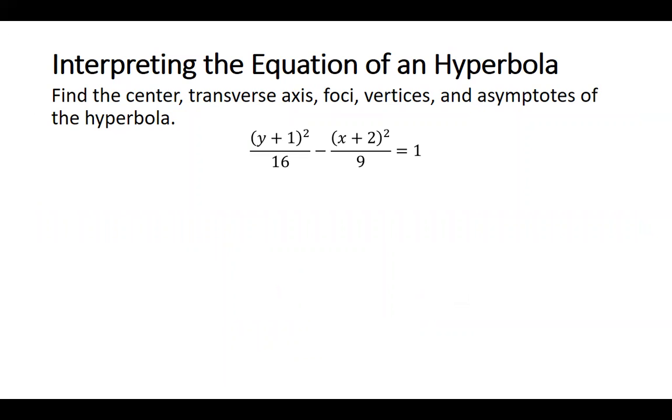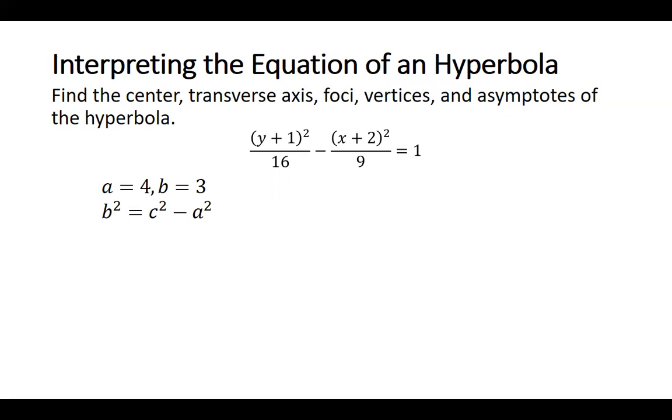Well, we know that a is going to be associated with the first ratio there, and whether it's x or y there, that's going to give us the transverse axis that we're parallel to, right? And we know that b is associated with the second ratio. So we have 16, which is 4 squared, and we have 9, which is 3 squared. So a must be 4 and b must be 3.